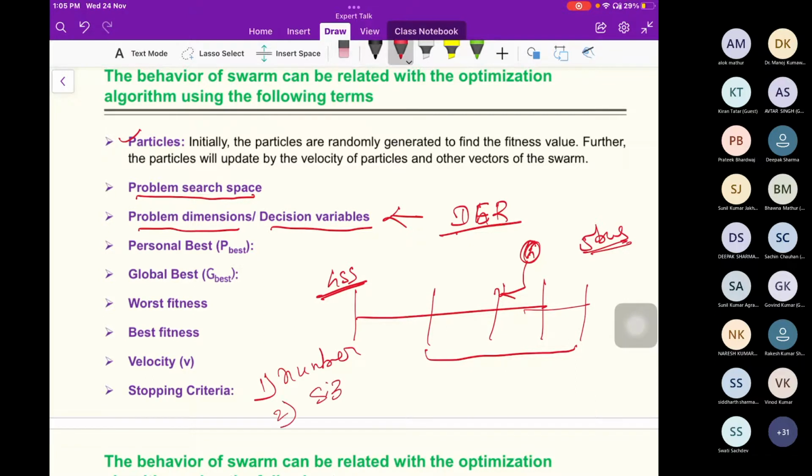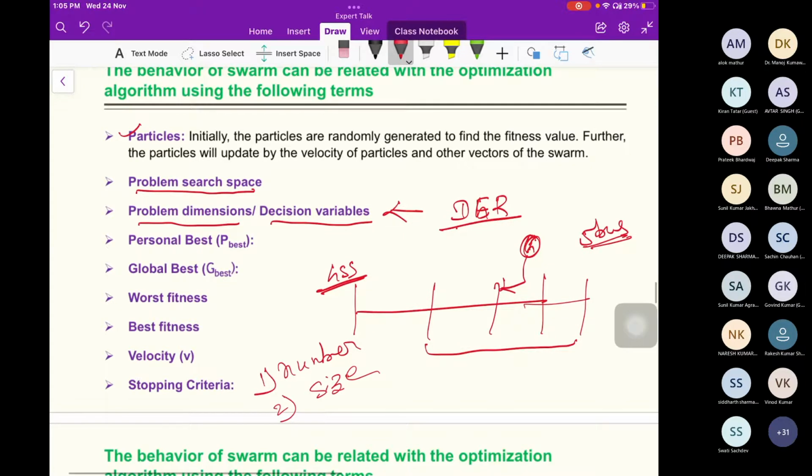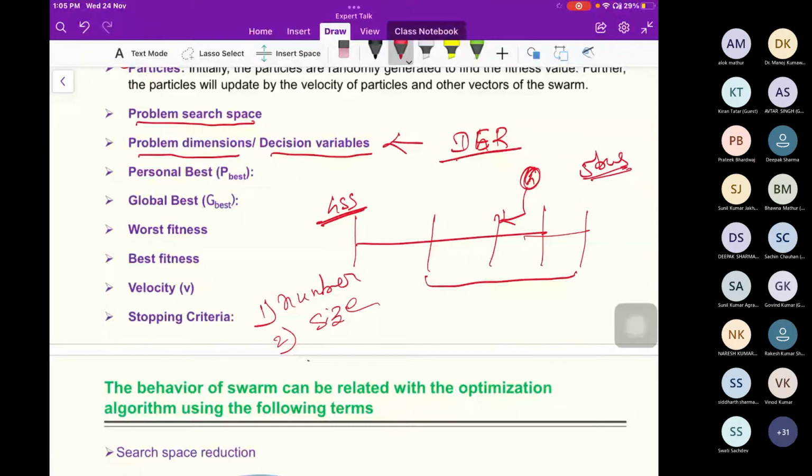These are the decision variables. And the personal best means the p best value, the particle best value. Global best means the G best. The bus fitness means we have installed the DG. After that, first of all, we will discuss the power losses without DG.